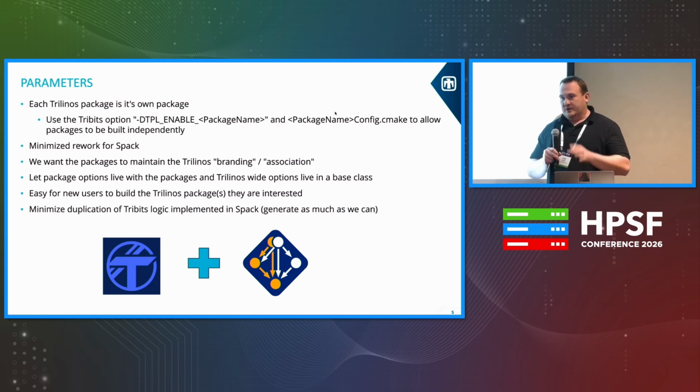And I think if you've worked in the current Trilinos Spack package, it's very long and it's not clear sometimes what goes with what and how exactly to get what you need out of it. Hopefully this is easy for users to build the Trilinos packages they're interested in. Say, oh, there's this capability in this package, right? Hopefully that will be easier for folks to get started with.